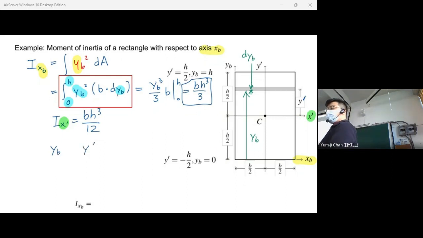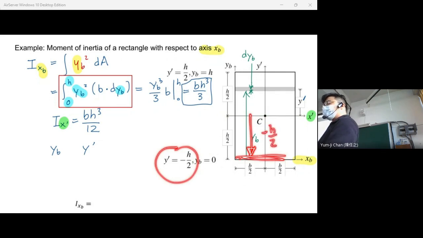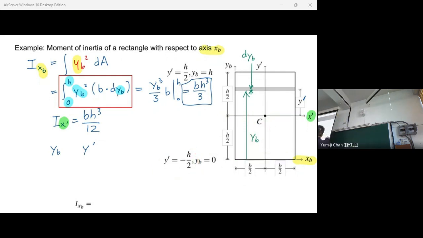If yb is equal to 0, y prime is equal to minus h over 2, right? Because x prime y prime is related to the centroid. X prime y prime is here.